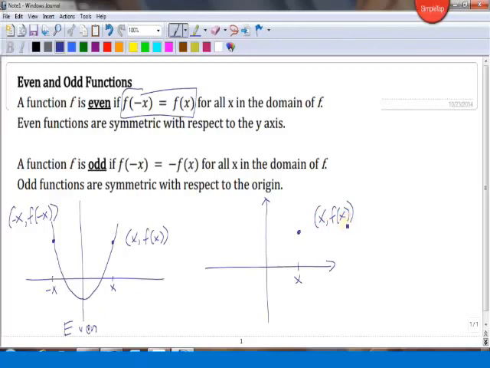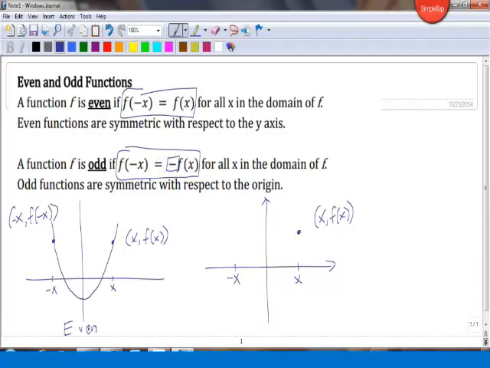Now, since x is in the domain, negative x is also in the domain. So let's go over here, and we've got to plot a point with an x coordinate of negative x. According to this, the y-coordinate of the point that has an x-coordinate of negative x is exactly the opposite of the y-coordinate of the point with an x-coordinate of x.